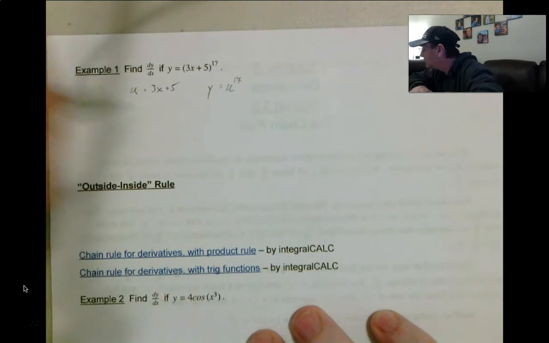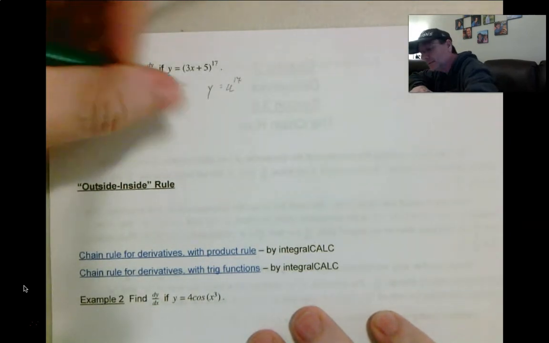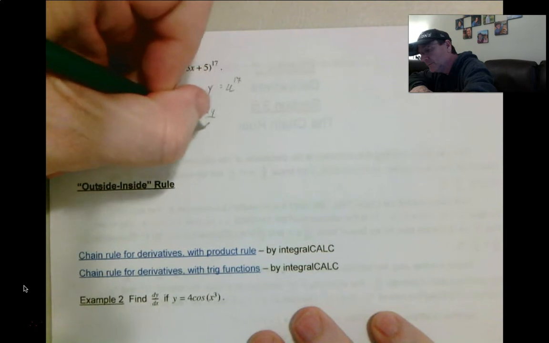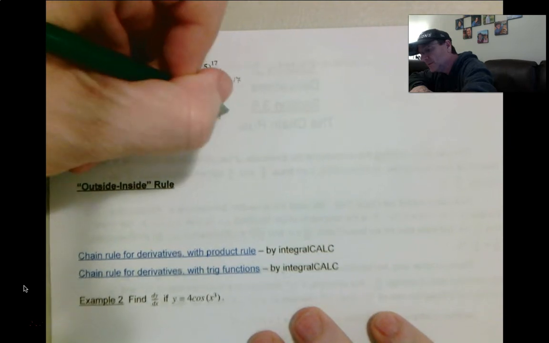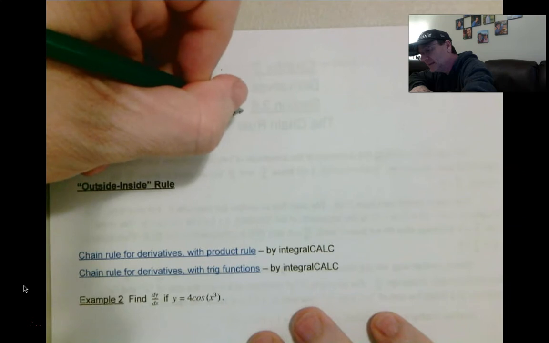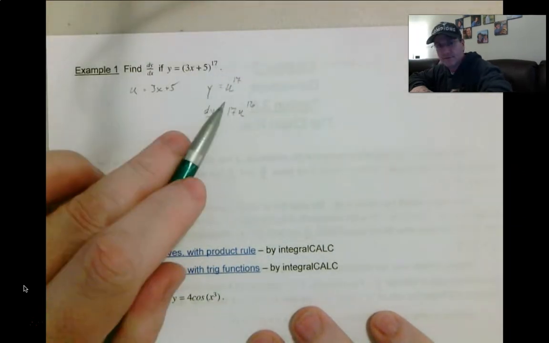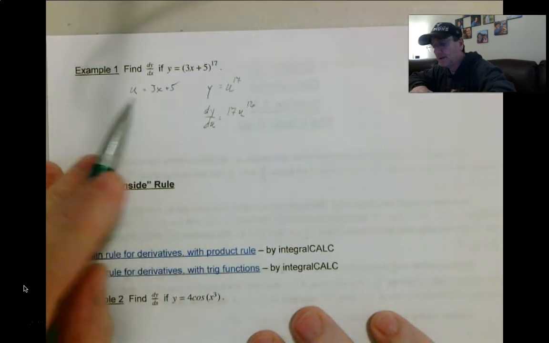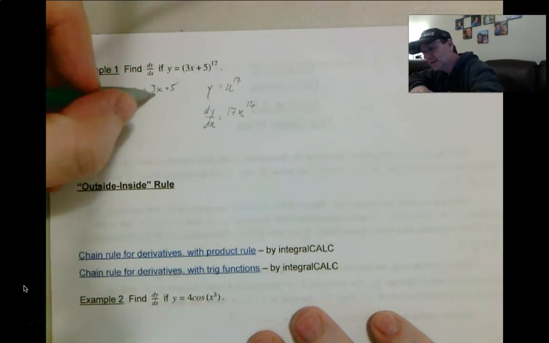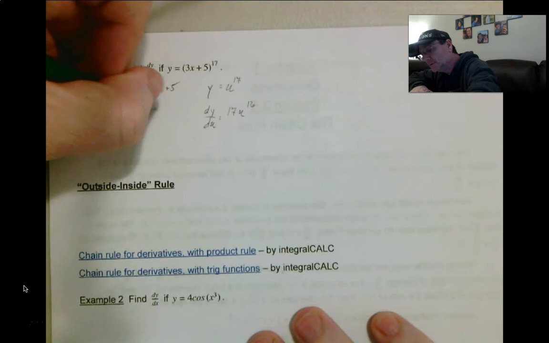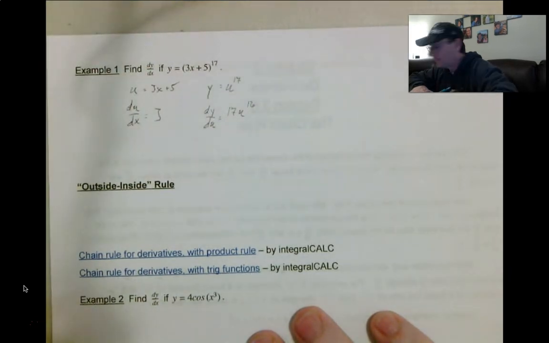We can find dy du is equal to 17u to the 16th power, taking the derivative of this function with respect to u. Take the derivative of this function with respect to x, du dx is equal to 3.